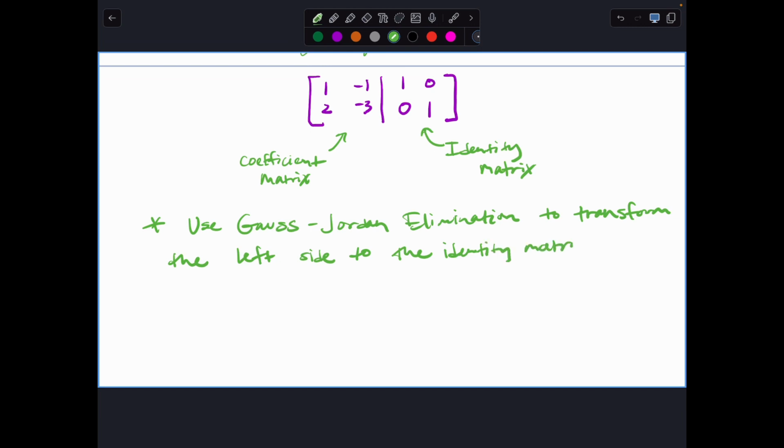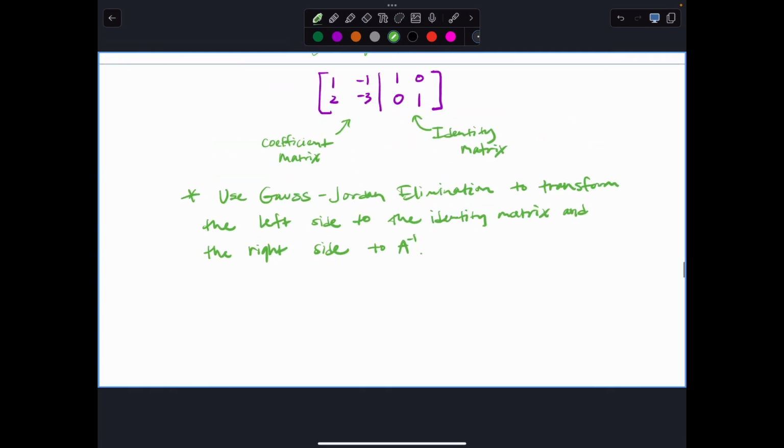So REF and the identity matrix are basically the same thing. Well, the identity matrix is in our REF, reduced row echelon form, if it's in an augmented matrix. And the left, and the right side to A inverse.